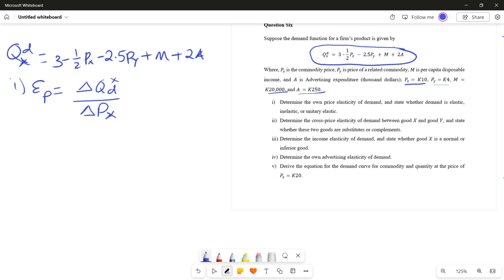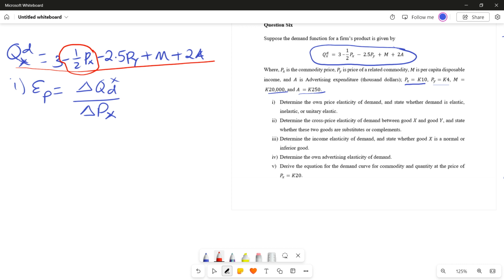We want to get the own price elasticity of demand for good X, so we go back to this function and check where PX is, because we want to understand the impact of a change in the price of good X. In this function, PX features in this term here: minus half PX.